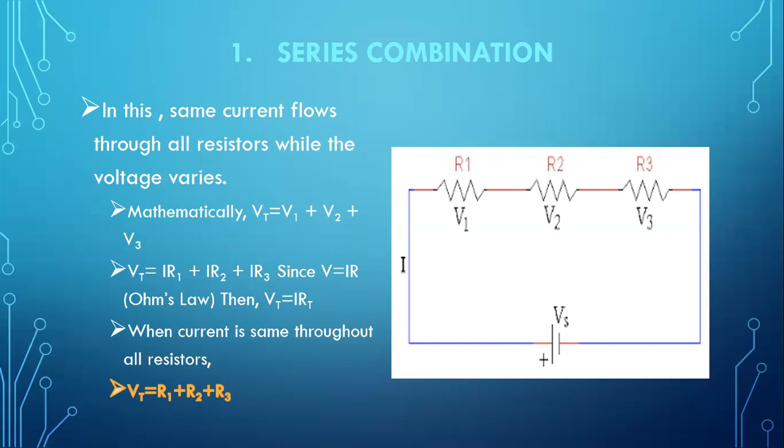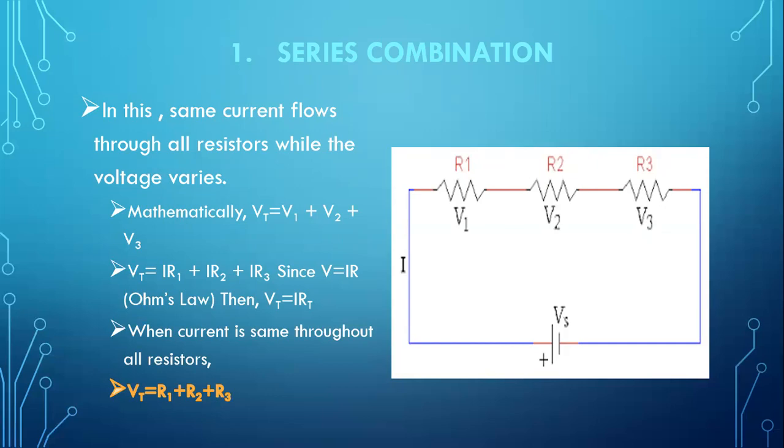So it will be voltage 1, voltage 2, and voltage 3. Now from there, we know that voltage total will be equal to current times resistor 1 plus current times resistor 2 plus current times resistor 3.